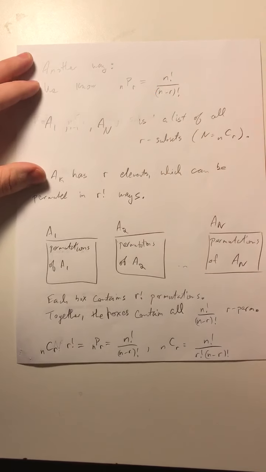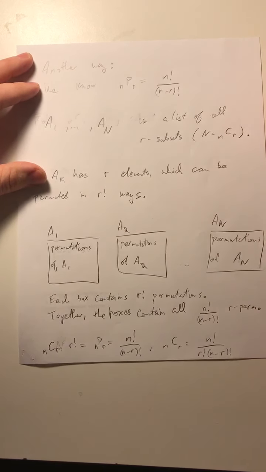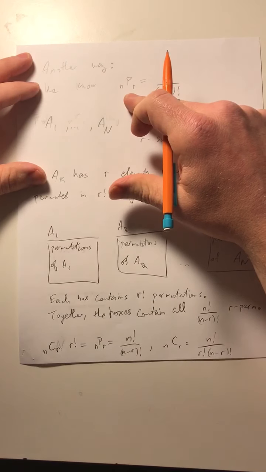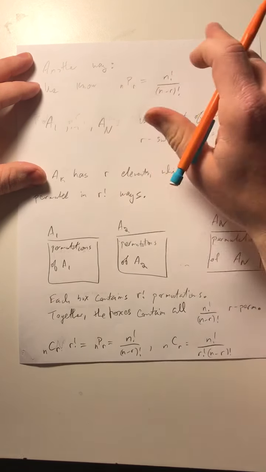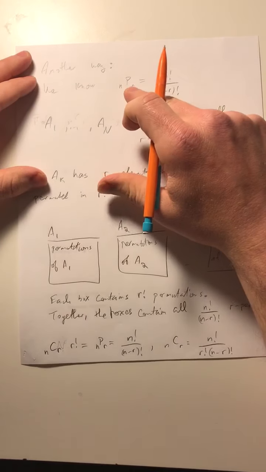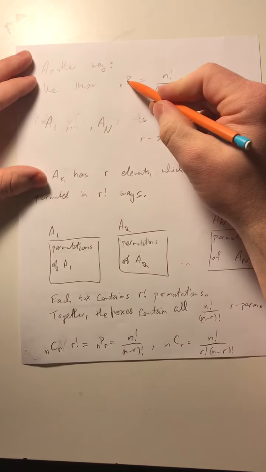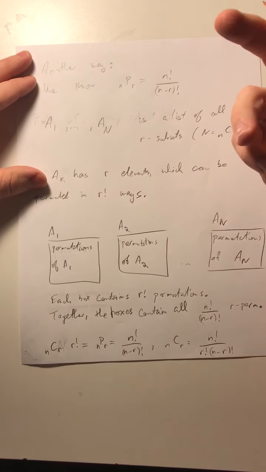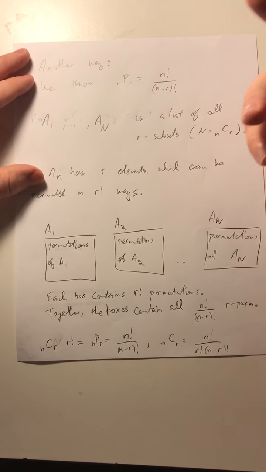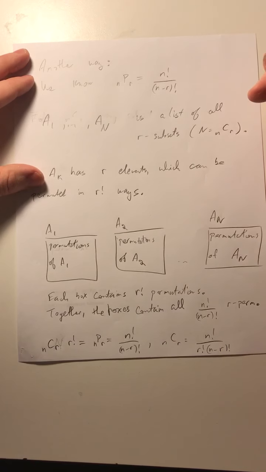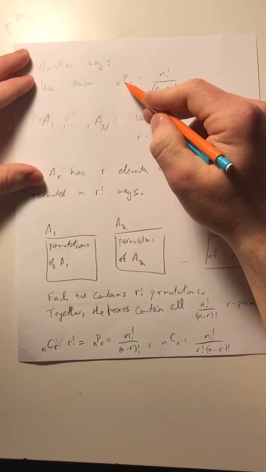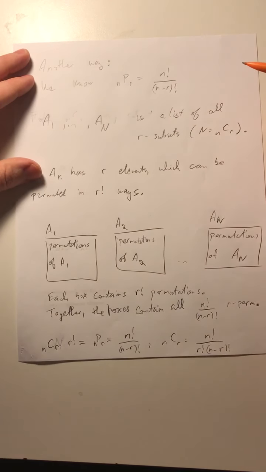So if I have 10 things to choose from and I want to choose 2 of them, the permutations consider 1, 2 and 2, 1 to be different things. For the permutations, order matters. So 1, 2 and 2, 1 are considered different when I'm counting permutations, but if I'm counting combinations, order doesn't matter. 1, 2 and 2, 1 are not considered different things. So if I try to count permutations, I count things multiple times.